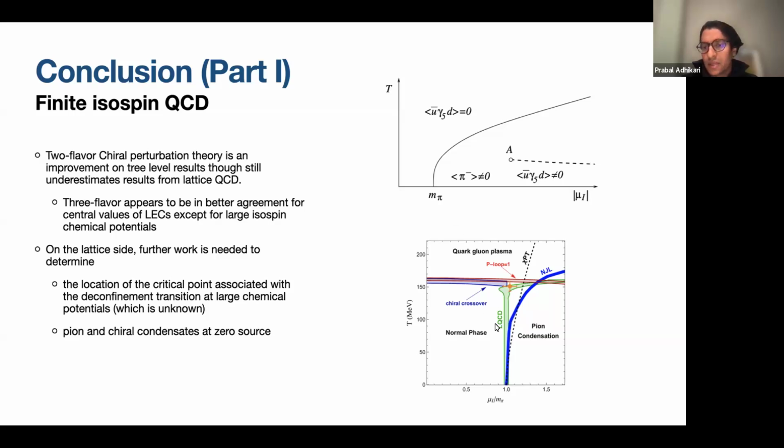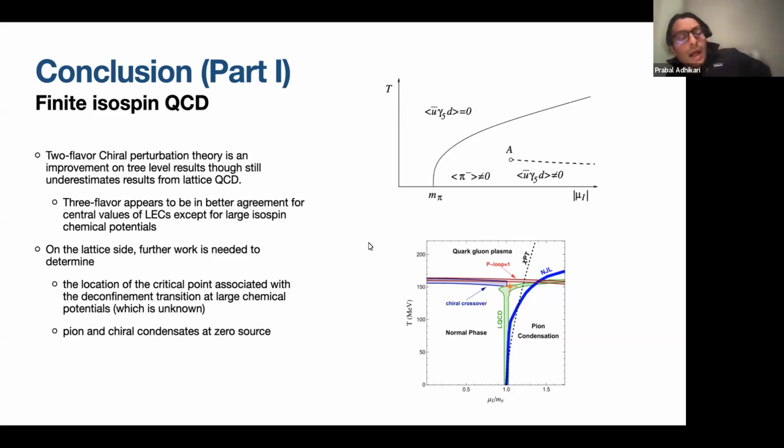While lattice has made significant progress on the phase diagram, as I noted last time, there are things that chiral perturbation theory can do. For example, inform us about the zero source pion condensate, which is not something the lattice is able to do so well at the moment. And as I noted, the lattice also needs to do some work and determine the location of this particular critical point.